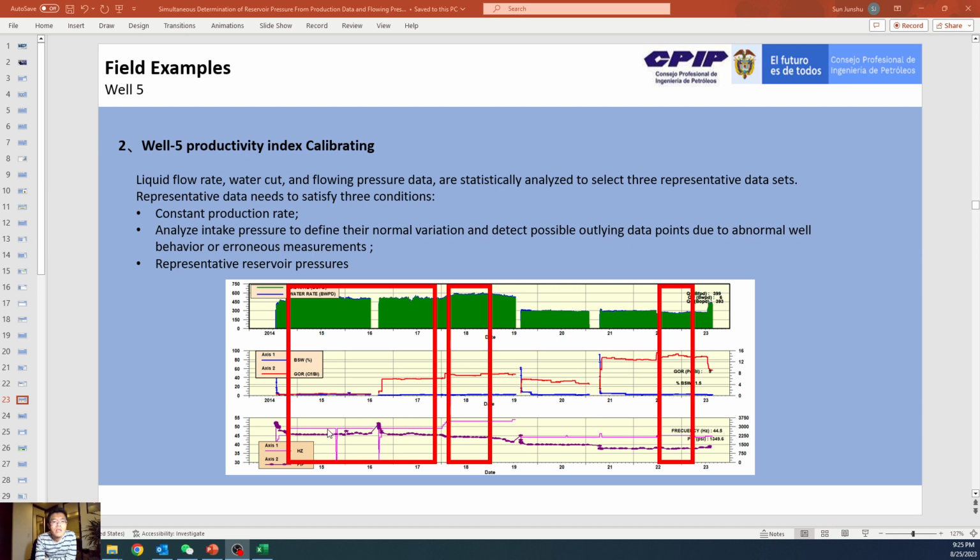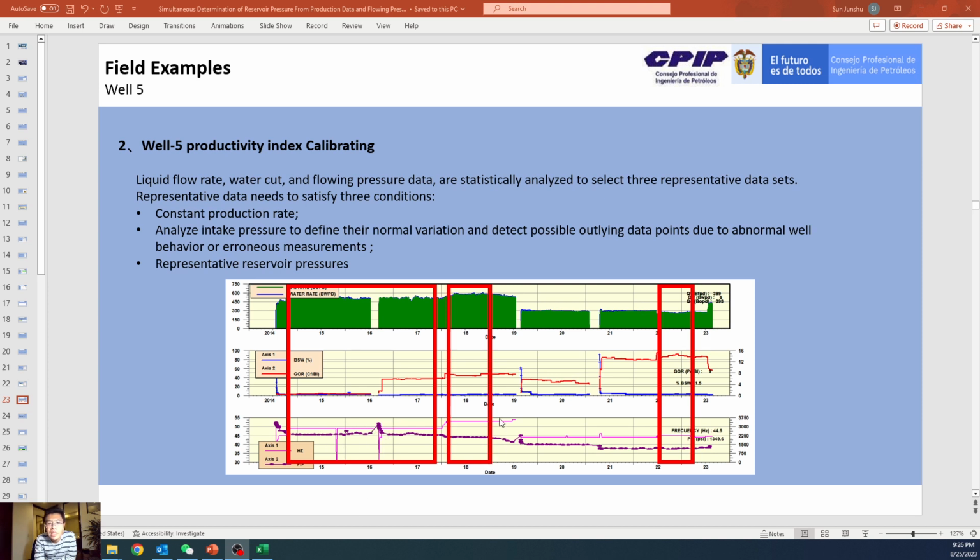The pink is the frequency of ESP. It keeps at 49 Hz. And here we need to define the correct intake pressure.